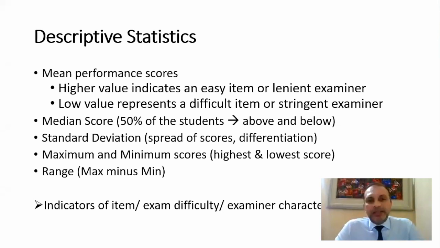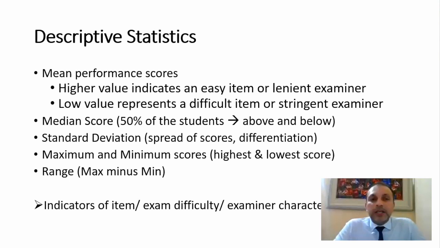Then we come to the median score. A median score is a score above which 50% of your students have scored and below which 50% of the students have scored. For example, the median score is 80%, which means that 50% of your students have scored above 80 and 50% of your students have scored below 80.